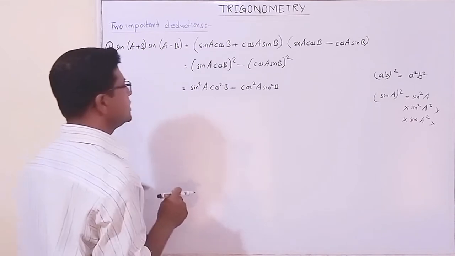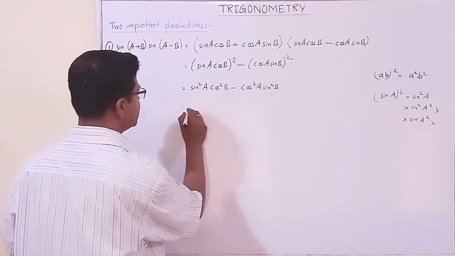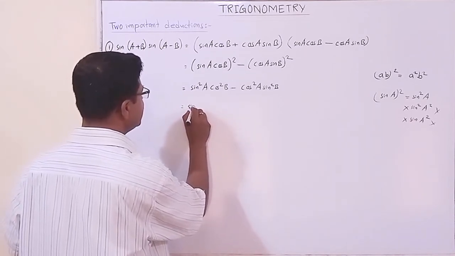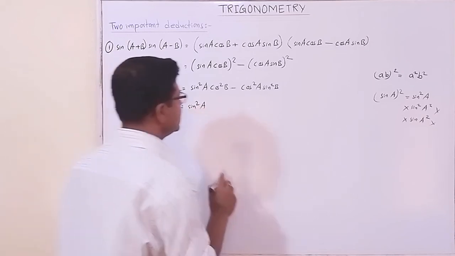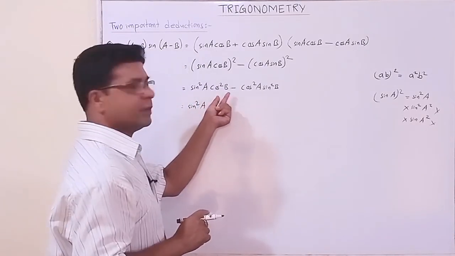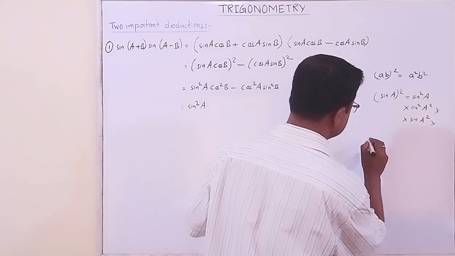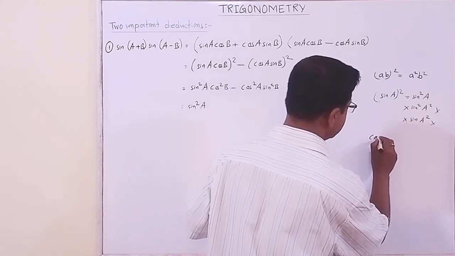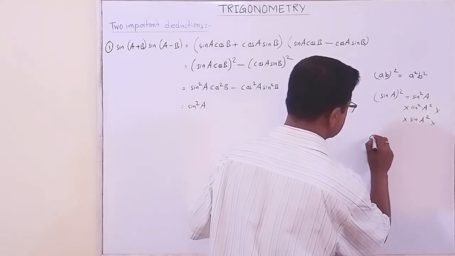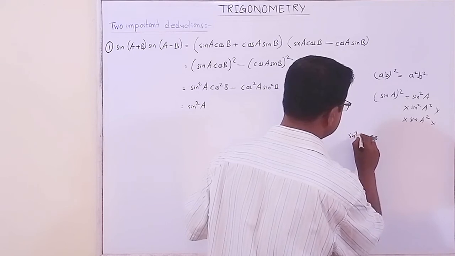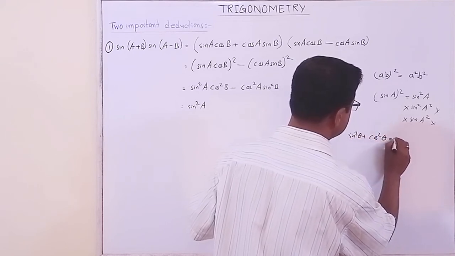Now the first relation we want to find in terms of only sine. So if we want to find in terms of sine, that means here cos must be removed. What is the relation we know, formula or the identity? Okay, sin square theta plus cos square theta is equal to 1.